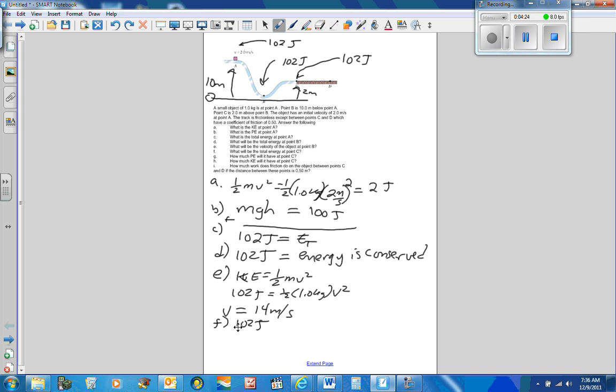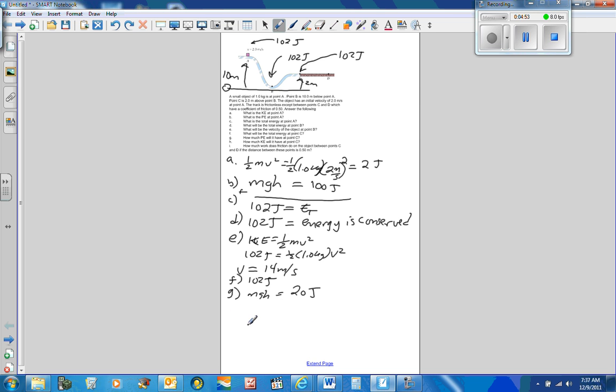G. How much PE will it have at C? That's potential energy gravitational. That's going to be mgh, which is 1 kilogram times 10 meters per second squared times 2 meters. And that's going to give me 20 joules when you put that in your calculator. And then how much kinetic energy will it have at point C? Well, let me extend the page one more time.